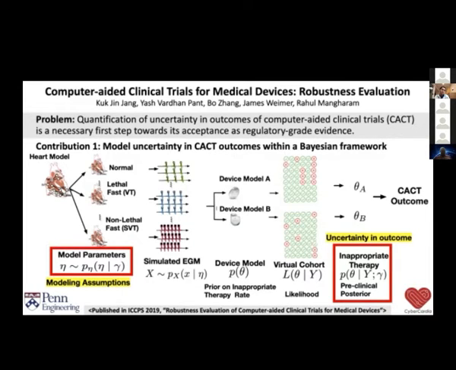But for that, if you're using models, you need to understand what is the uncertainty inherent in the models, what is the uncertainty inherent in the outcomes that you are proposing over here, and have a very formal statistical framework that you can then take to the regulators, so they use your virtual population as regulatory grade evidence to say, instead of having 2,000 patients in the trial, they can replace 200 of those patients with 11,000 of our virtual patients. Virtual patients are much cheaper, and most trials also fail because patients just drop out, right?